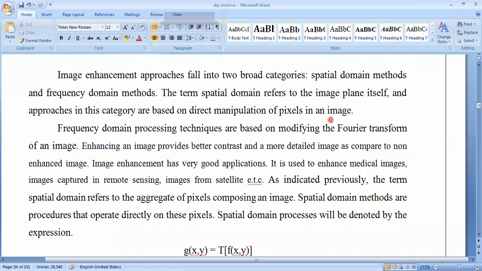Whenever we apply any transform, generally we take the discrete Fourier transform. The Fourier transform converts the spatial domain into the frequency domain. All pixels are taken into consideration here. In the transformation there is a kernel matrix, which is multiplied with the pixel intensity values, and then it is converted into the frequency domain.